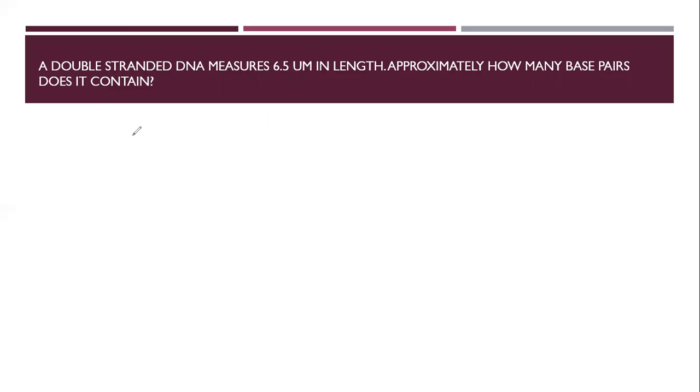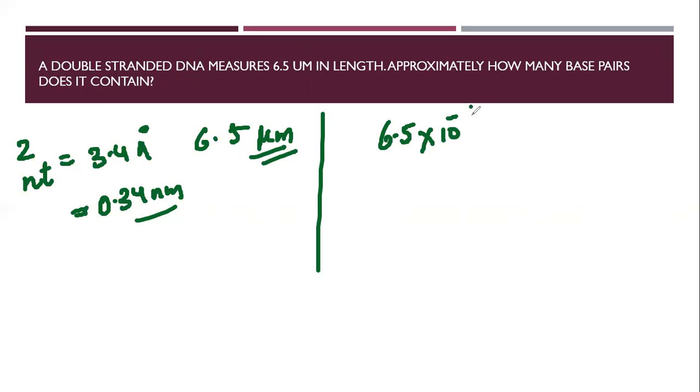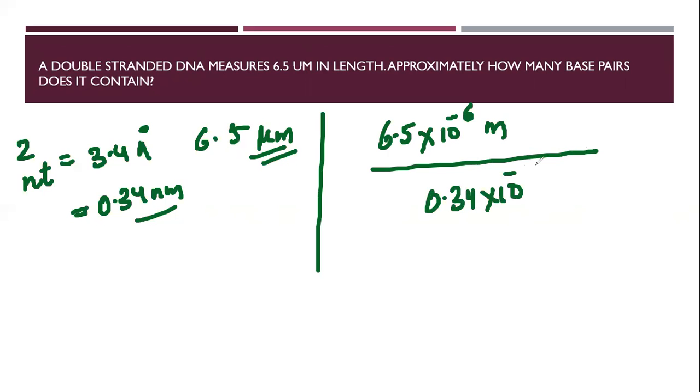So it is given that the double-stranded DNA is 6.5 micrometer, and we know the distance between two nucleotides is 3.4 angstrom, or in other words 0.34 nanometer. To get how many base pairs there are, just divide these two numbers. 6.5, this is micro so it becomes 10 raised to minus 6 meter, divided by 0.34 into 10 raised to minus 9 meter, right?